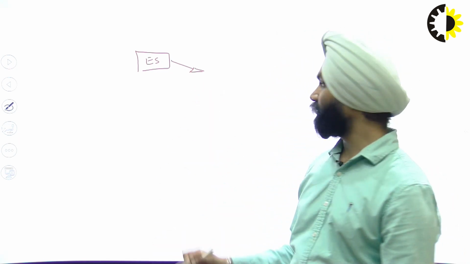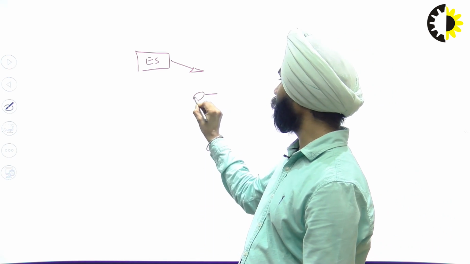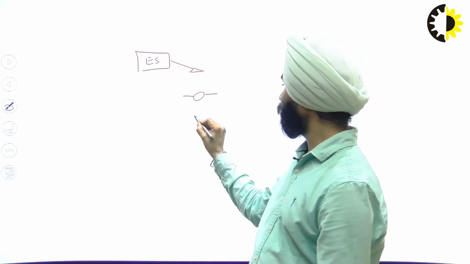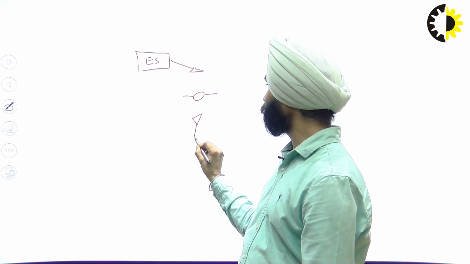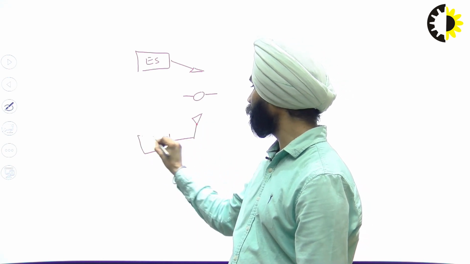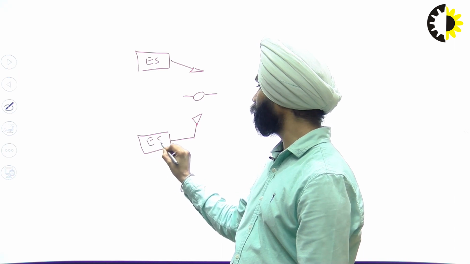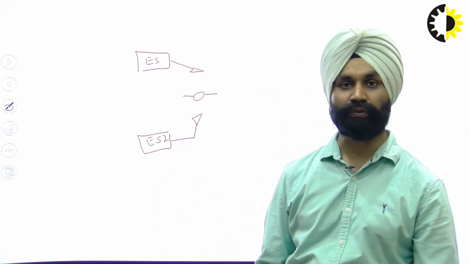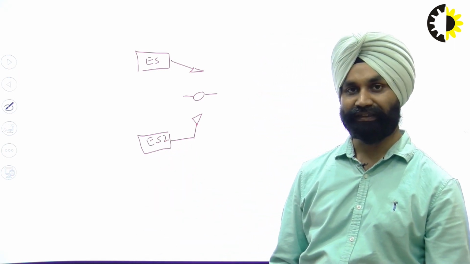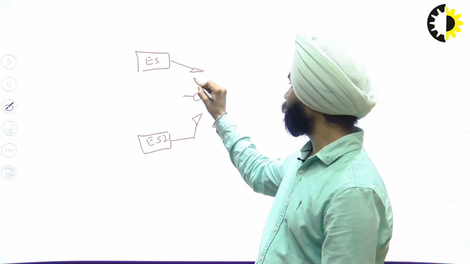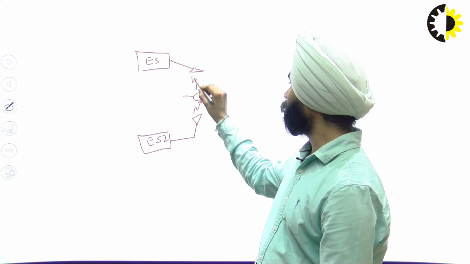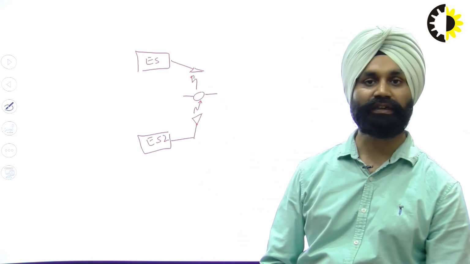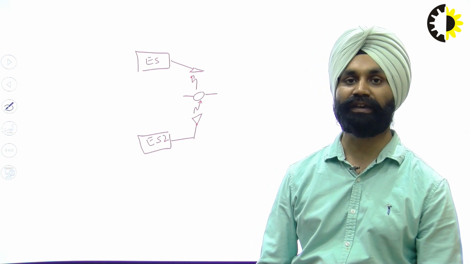This antenna will transmit toward the satellite, and from the satellite a signal will be received by Earth station 2. So we have two signals being transmitted.